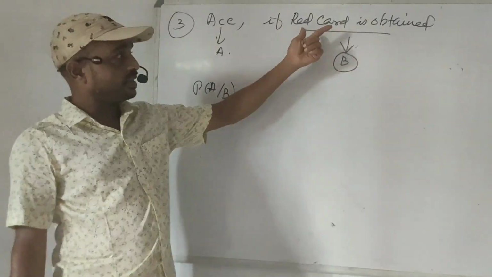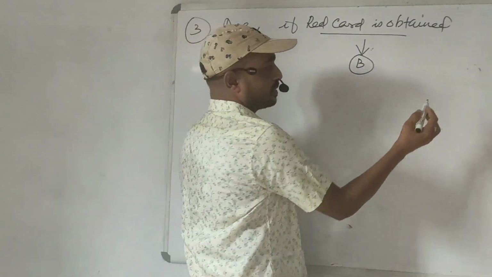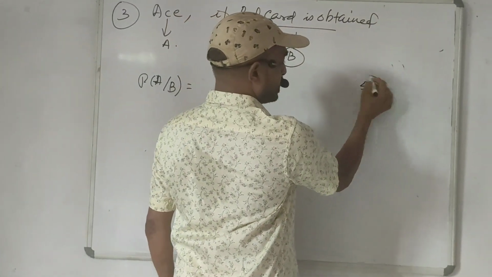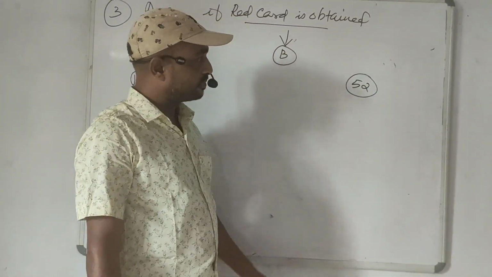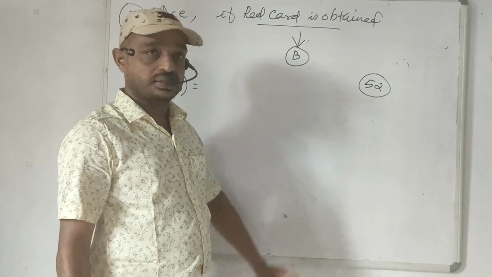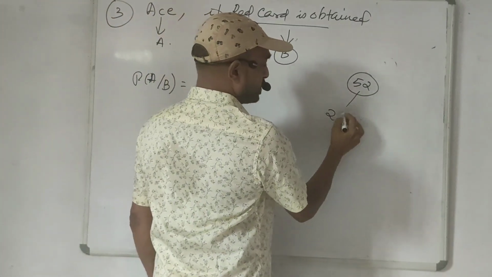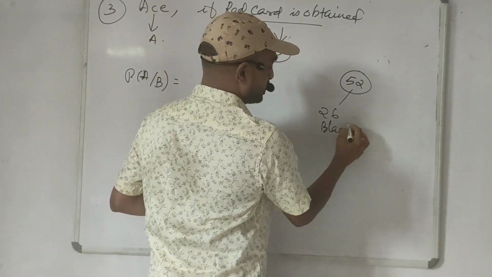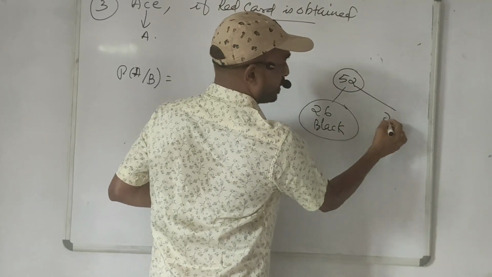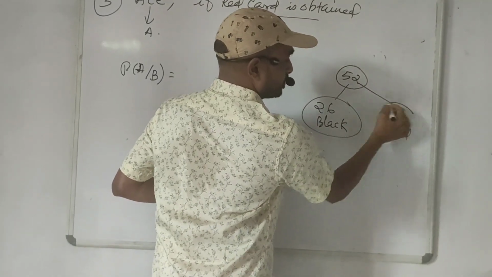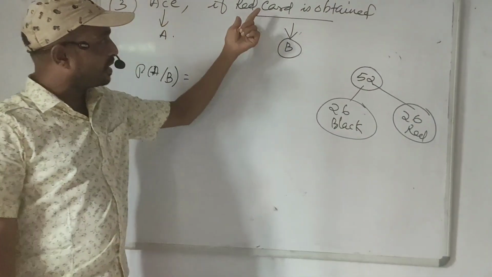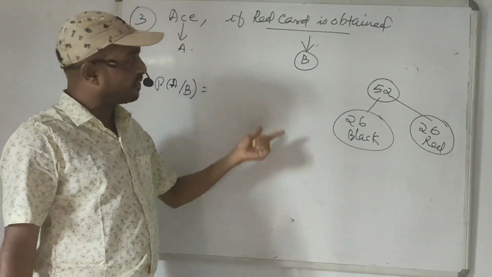See, we know that in a pack of cards 52 cards are there. In these 52 cards 26 are black and 26 are red. On drawing a card from a pack of cards, we are given that a red card is obtained.